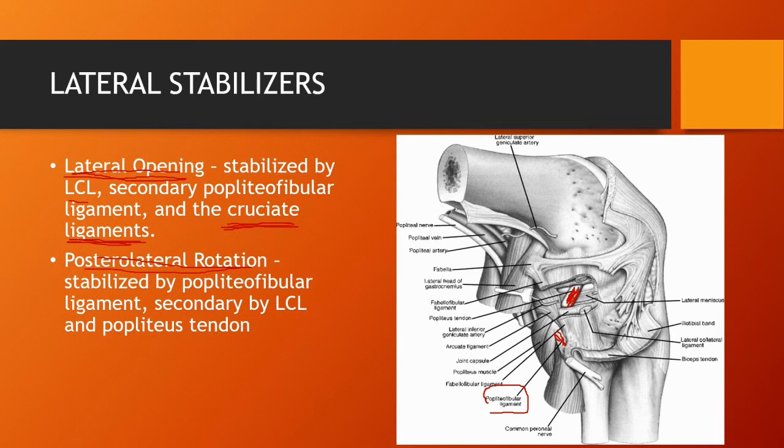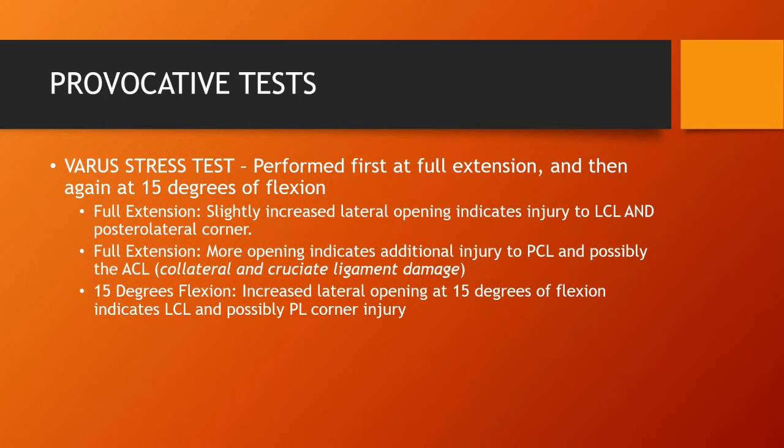Okay, so let's talk about how to assess these structures. To begin, we start with a simple varus stress test. And like the valgus stress test for the assessment of the medial collateral ligament, we're going to first perform the varus stress test at full extension and then again at 15 degrees of knee joint flexion.